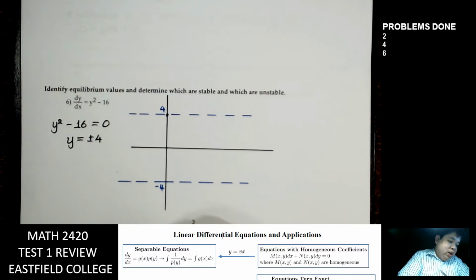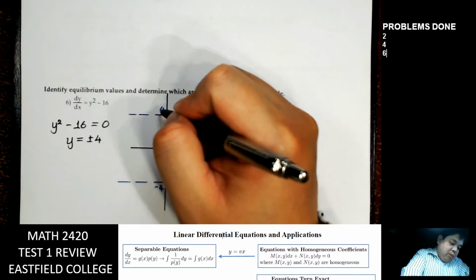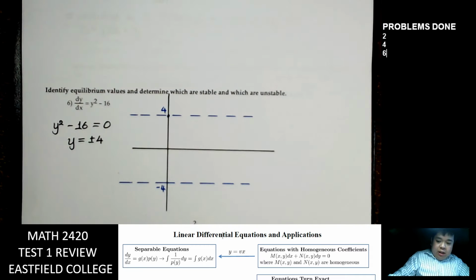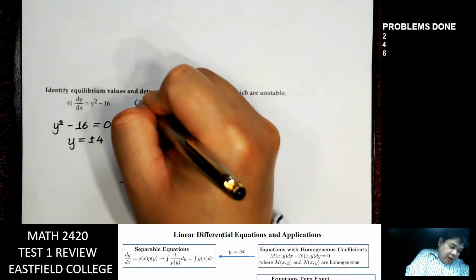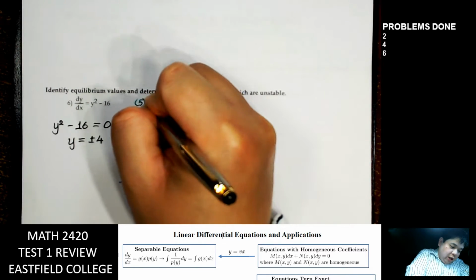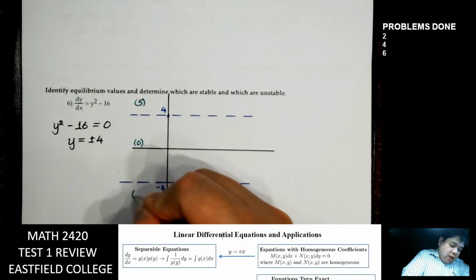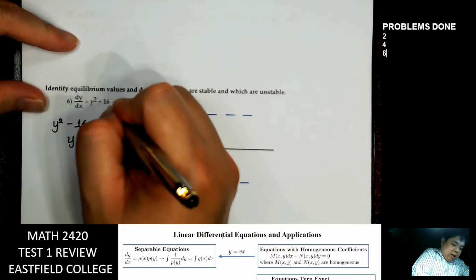So all we need to do is just pick a number above 4, in between -4 and 4, and then less than -4, and then we put each into the function and see if it is positive or negative. So let's put number 5 in here. For y in between here let's choose 0, and below here let's choose -5, and then we evaluate at this function.